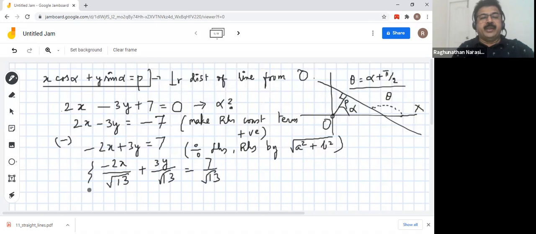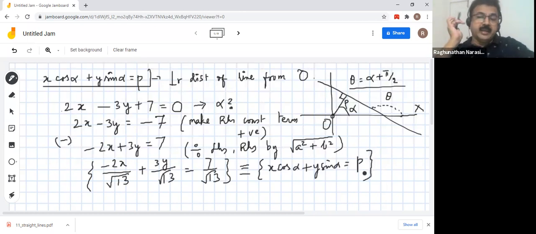Now this is identical to x cos alpha plus y sin alpha is p. The reason we made the RHS positive is that the length of the normal has to be positive, because it is a length.